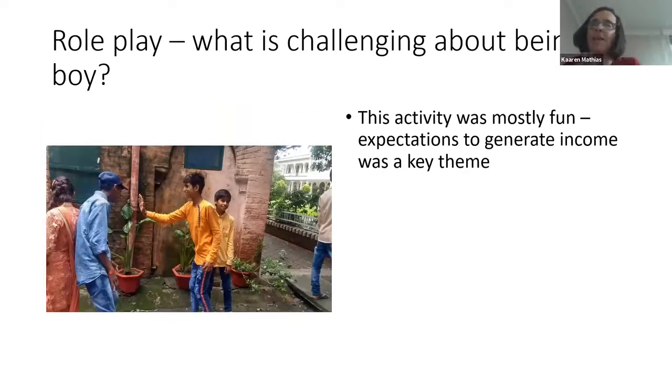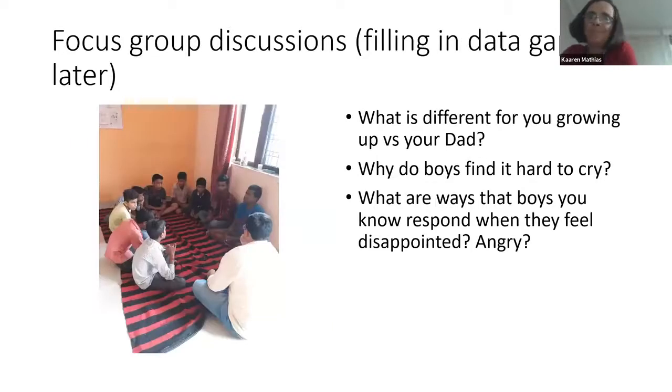And then we also did role plays on what is challenging about being a boy. A really big theme that came through is that we're expected to earn money, but it's really hard to get a job. A lot of these young men had not completed primary school or had quite low literacy, so it was difficult to get a job, but there was this breadwinner expectation.